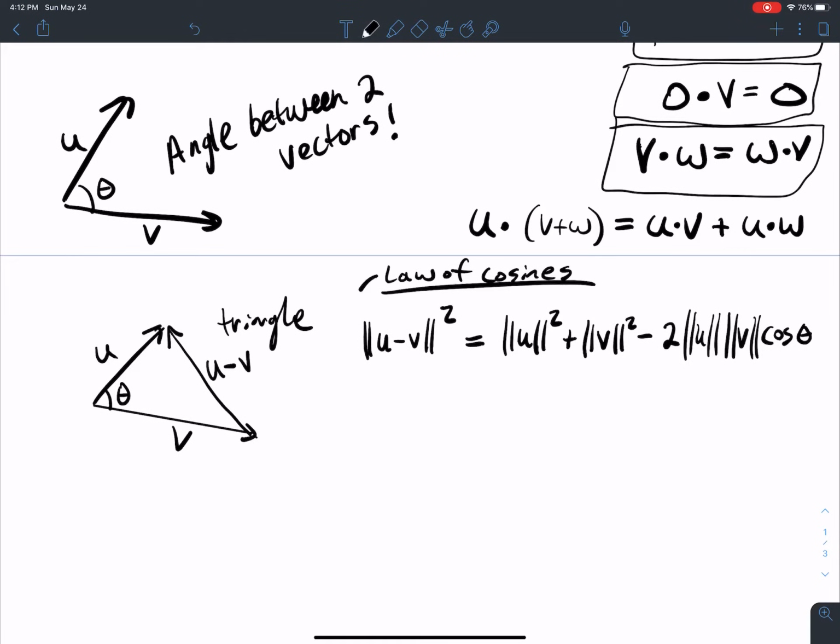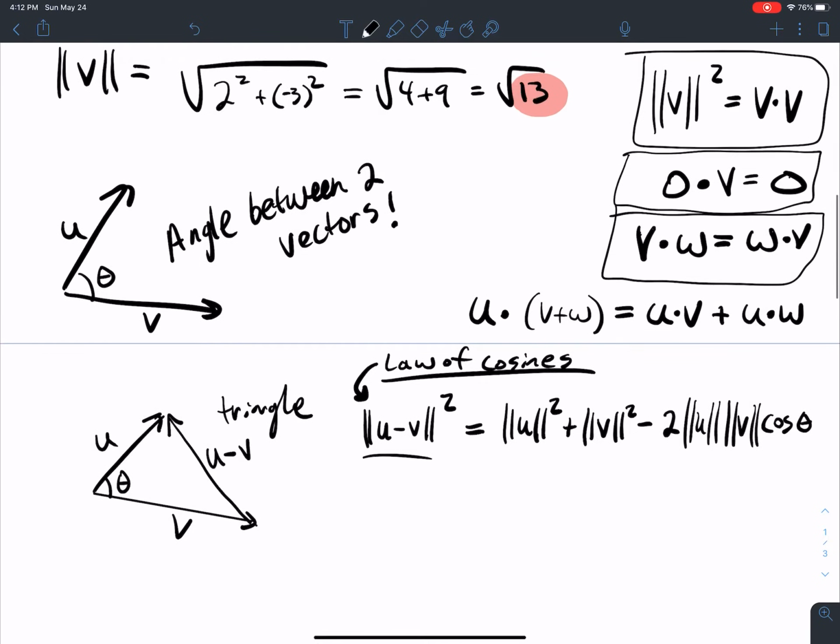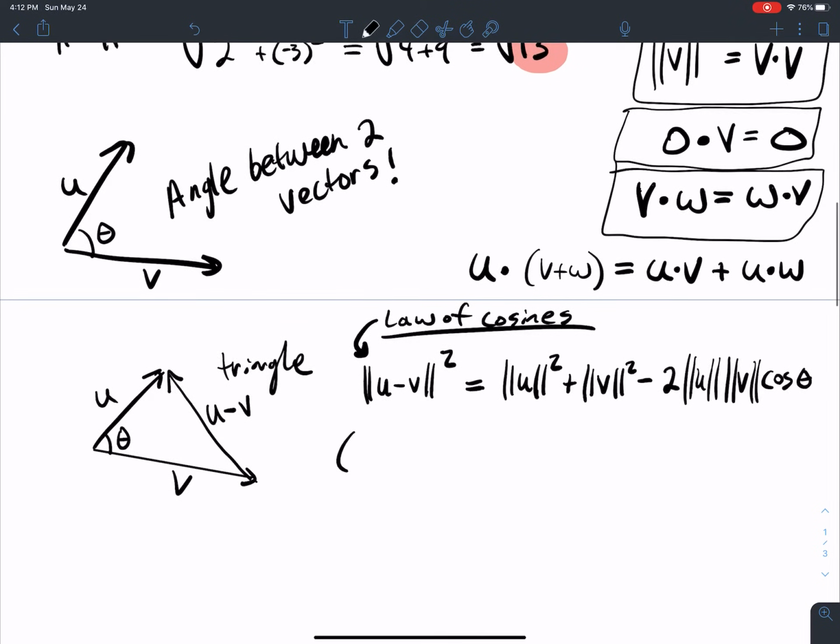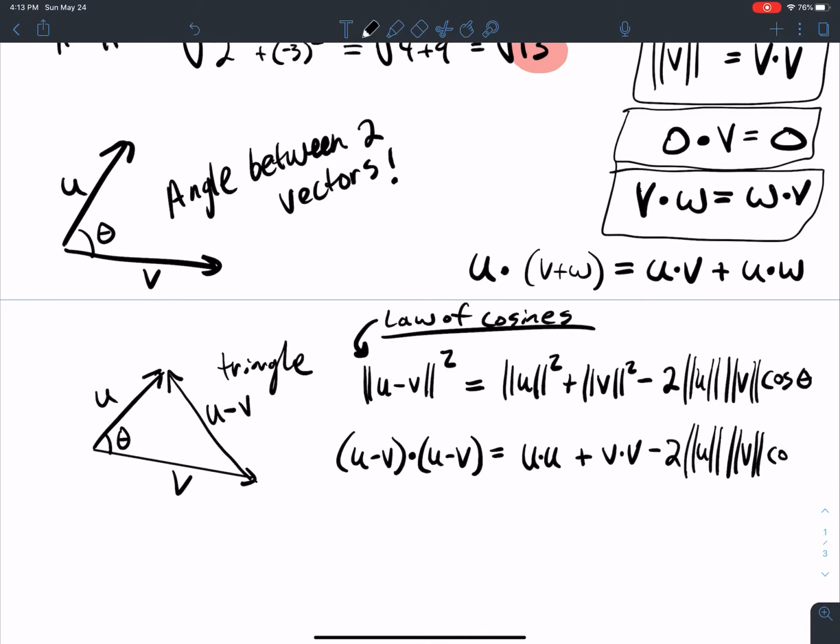Now I'm going to rewrite this. I know that the magnitude squared is equal to the dot product. So it's u minus v dot u minus v, which equals u dot u plus v dot v minus 2 magnitude of u, magnitude of v, cosine theta.